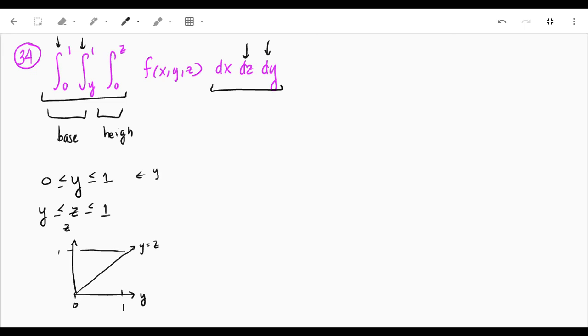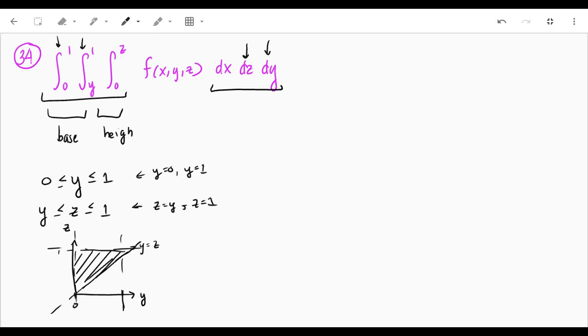Those are our boundaries: y equals 0, y equals 1, z equals y, and z equals 1. So we're looking at this triangle right here.